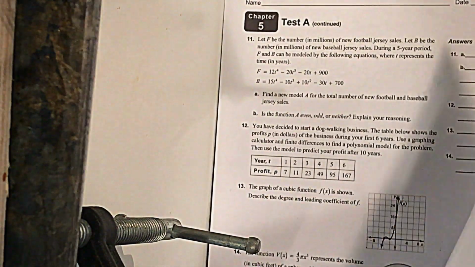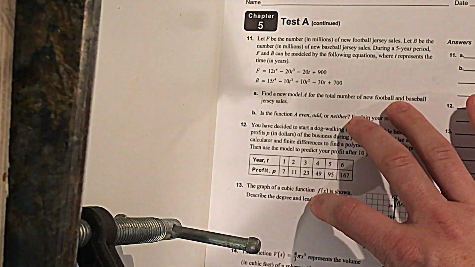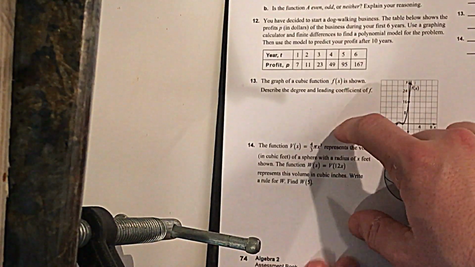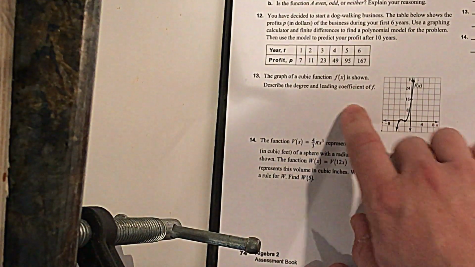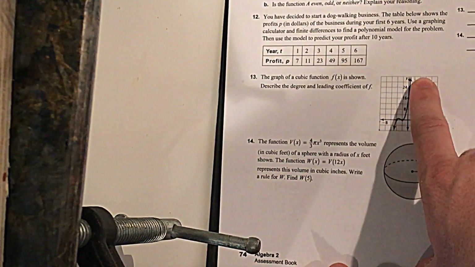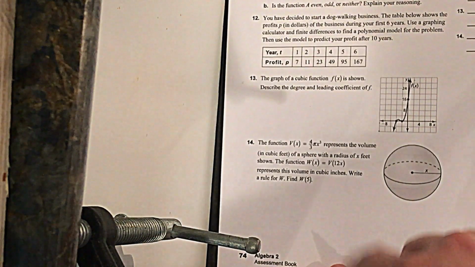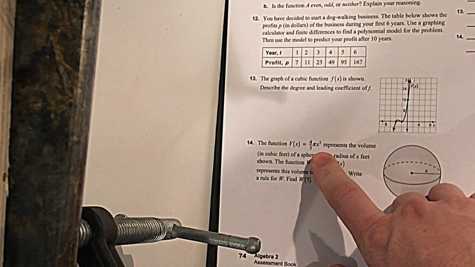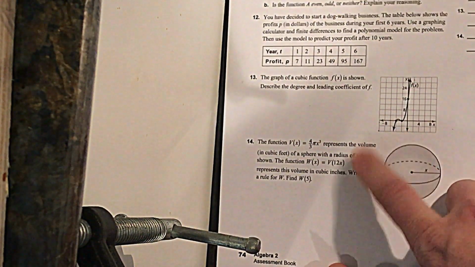Now we're going to move on to our last two problems here. We have number 13. Describe the degree and the leading coefficient. And then we're going to see about this one too. Number 14.